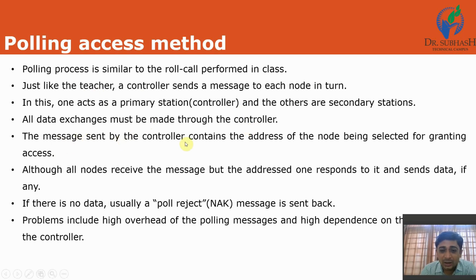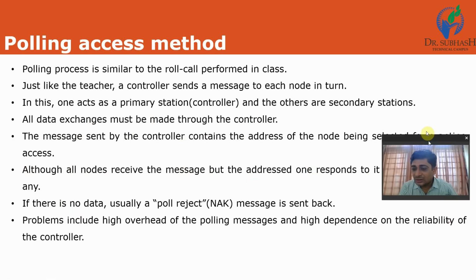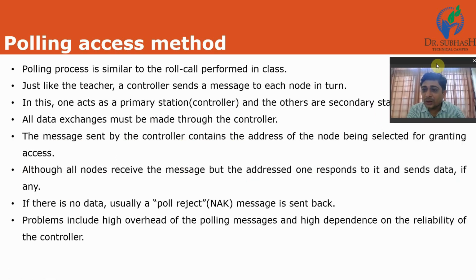The message sent by the controller contains the address of the node being selected or granted access, roll numbers 1, 2 up to the number of students. Although all nodes receive the message, only the addressed one responds to it and sends data, if any. All students listen carefully, roll number 1, roll number 2 and roll number 3, and who will respond?